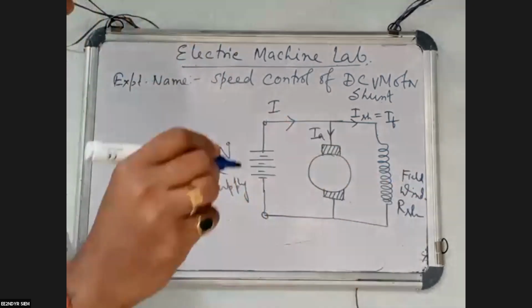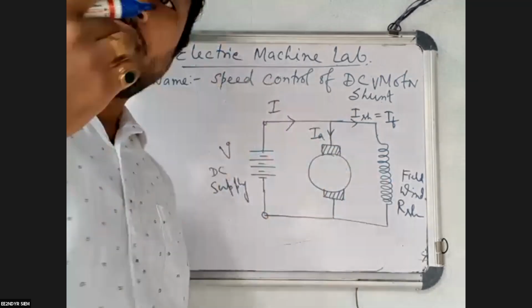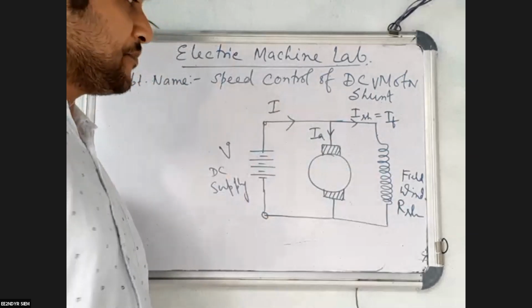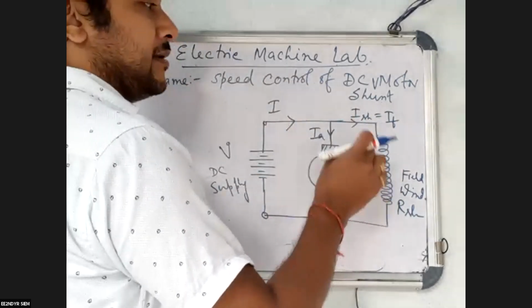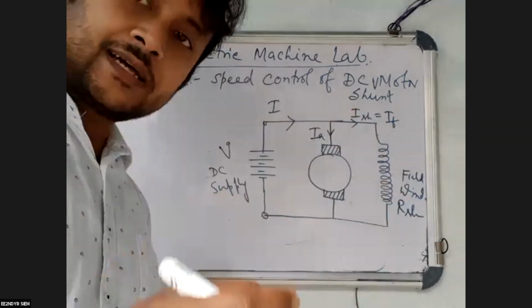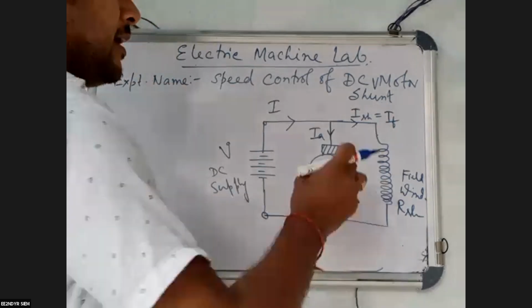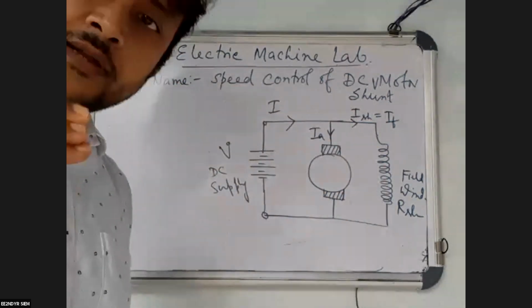Now, when we are providing the supply voltage, that means the current is flowing to the armature. Okay, that means a current carrying conductor we are placing in a magnetic field because this is a field winding for which flux is created. Okay, and the current carrying conductor tends to move.